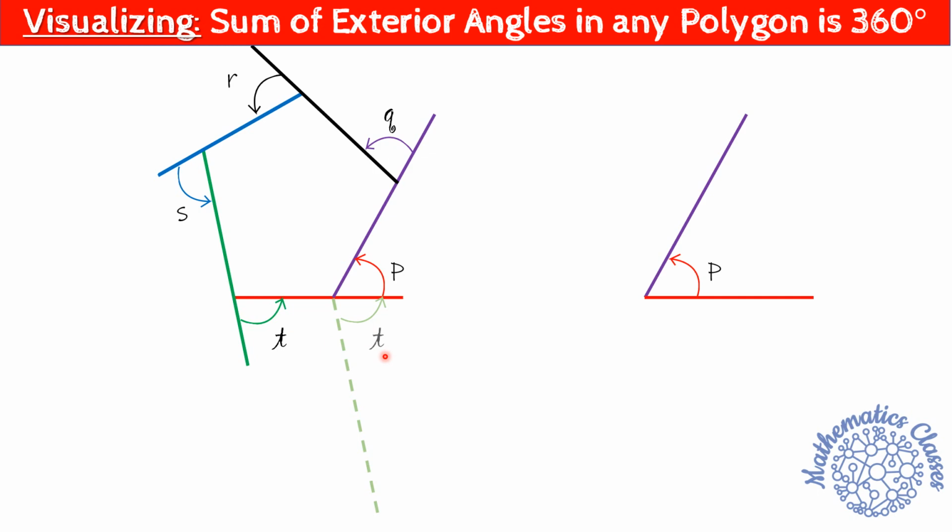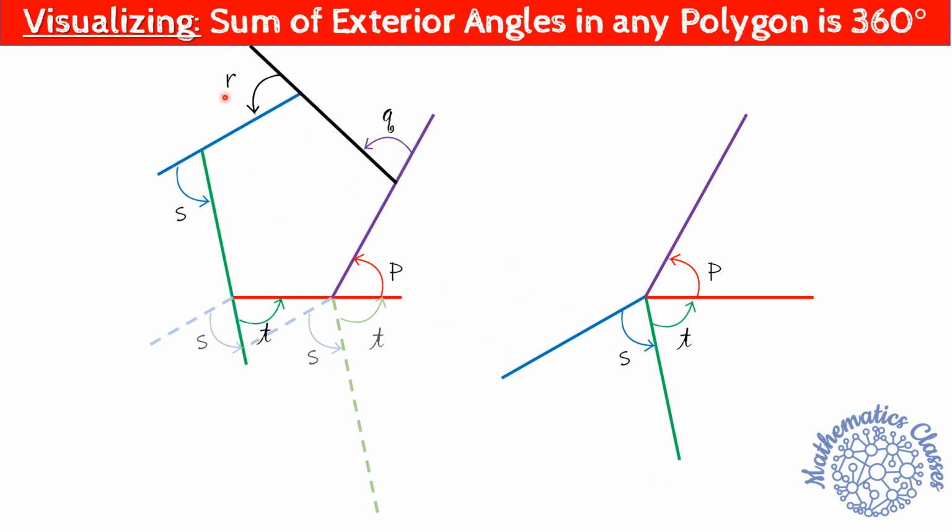So I can again redraw this here adjacent to angle P. To draw the angle S, you can draw a parallel line to this point adjacent to angle T here. Then again, this line can be transferred to the vertex of angle P. I can redraw this angle S over here.